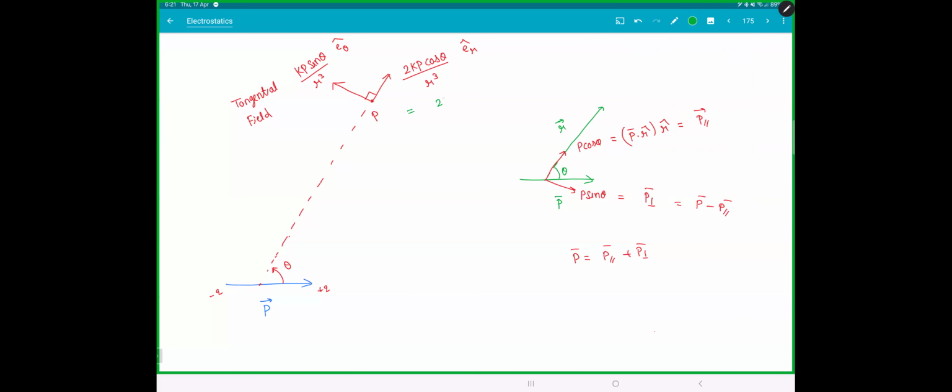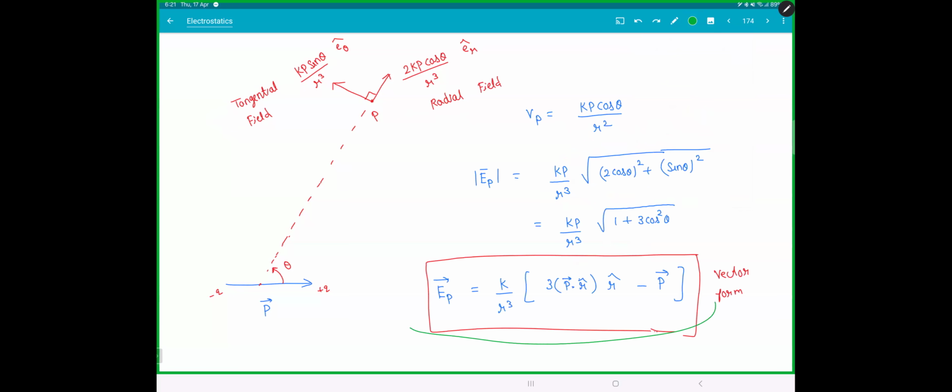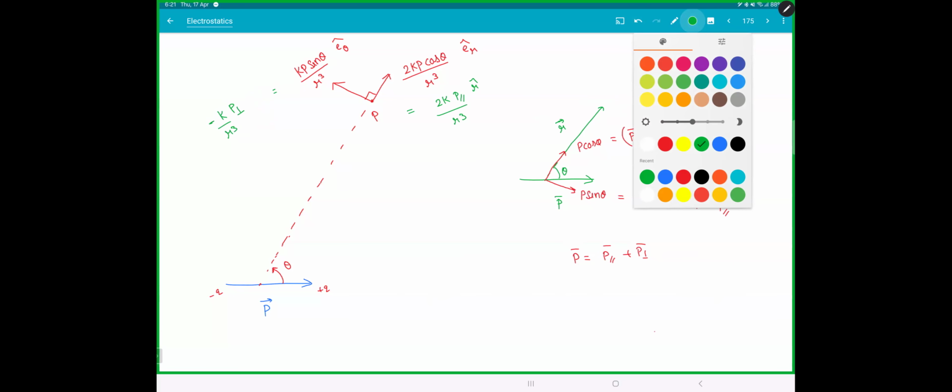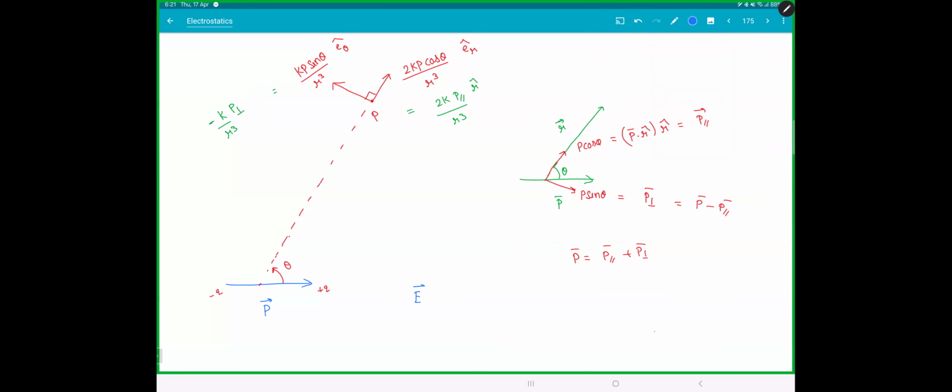So p cos theta becomes 2kp parallel r cap by r cube. And this guy becomes, because it is opposite to r bar, k by r cube times minus p perpendicular. Just add them vectorially. And when you do that, you'll get this result. So now the field at that point will be 2kp parallel by r cube minus kp perpendicular by r cube.